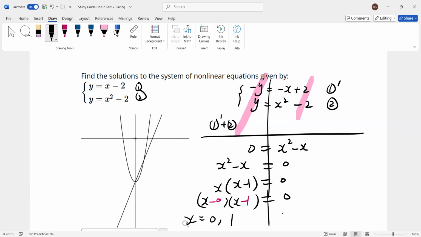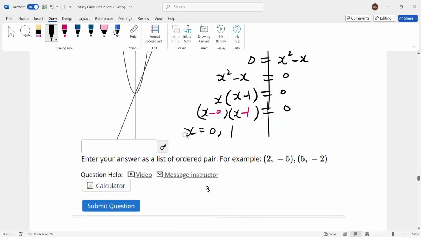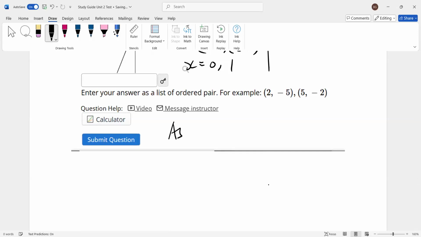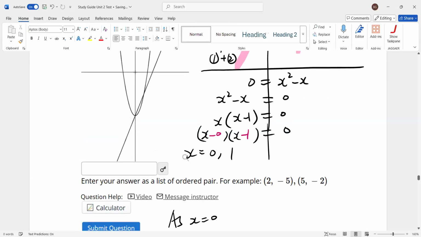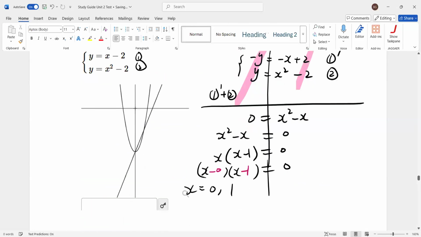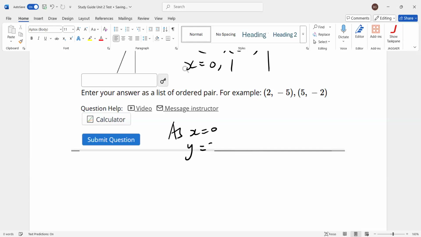So 0, okay, not done yet. So when x equals 0, equation 1 gives y equals x minus 2. So 0 minus 2, negative 2.